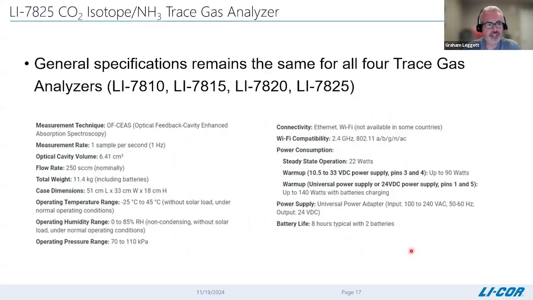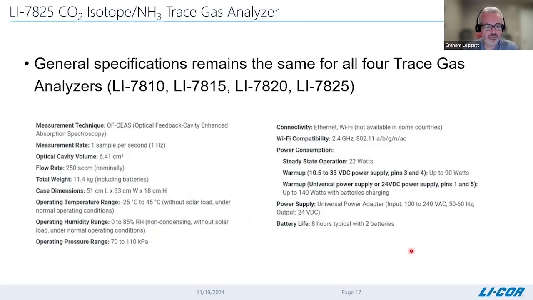In terms of general specifications, as I mentioned, exactly the same as our 7810 methane instrument, 7815 CO₂, and 7820 N2O instrument, based on the same optical feedback, cavity-enhanced absorption spectroscopy. The total weight of the platform is just over 11 kilograms. Very wide operating temperature range, that doesn't change.